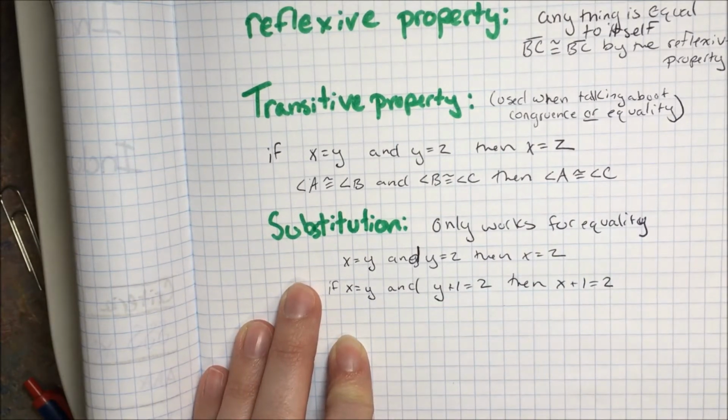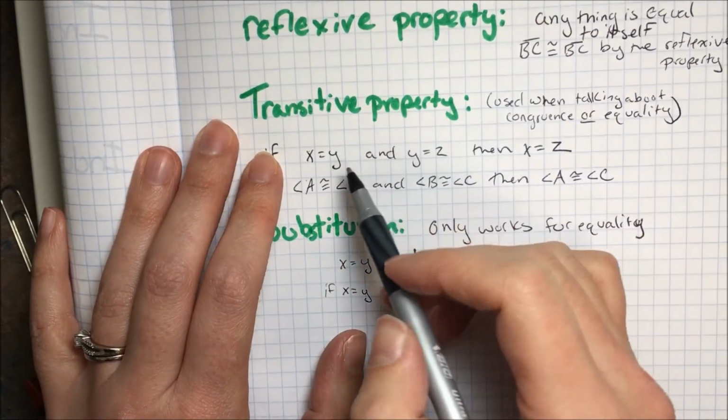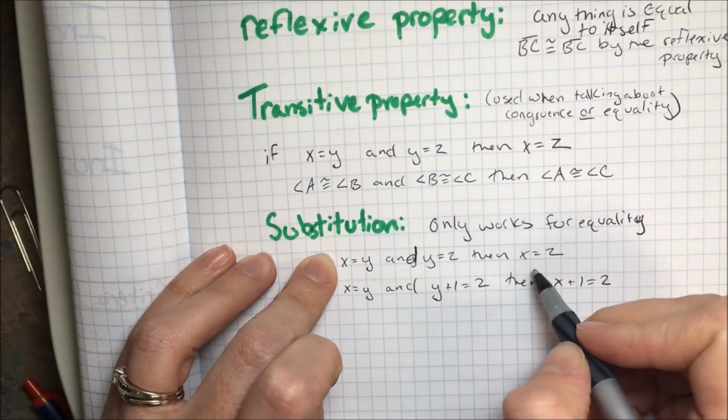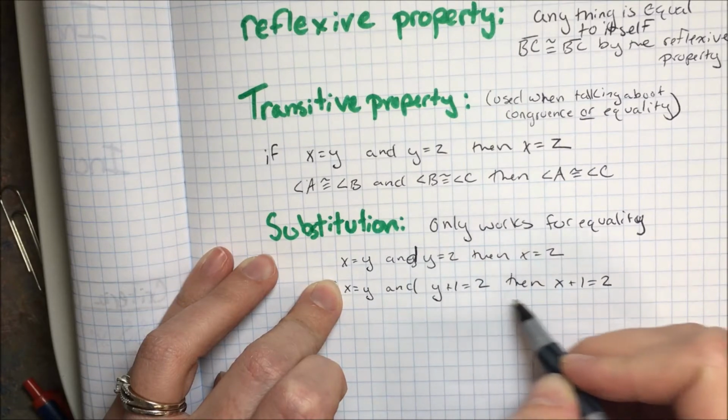But I can only use this substitution in equality when I'm talking about values. Okay, so the transitive property works all the time. The substitution only works in equals, but it means that I can plug in one value in for another as well.